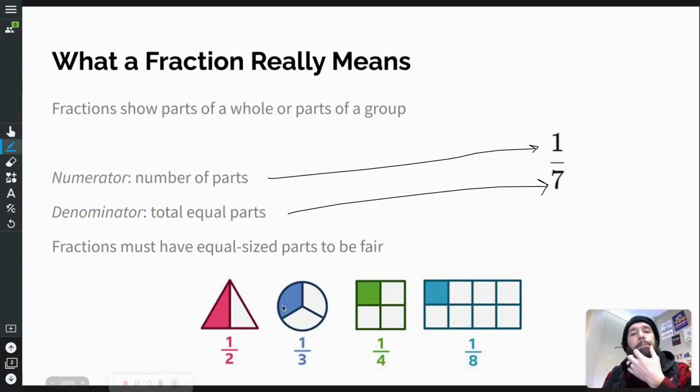This square is cut into 1, 2, 3, 4 total equal-sized parts. One of them is shaded. 8 equal-sized parts, one of them is shaded. So we're cutting an object into the same amount of parts. I'm shading 1 or 2 or 3 of them, and depending on what I have shaded, I will write that out as this number over that number.